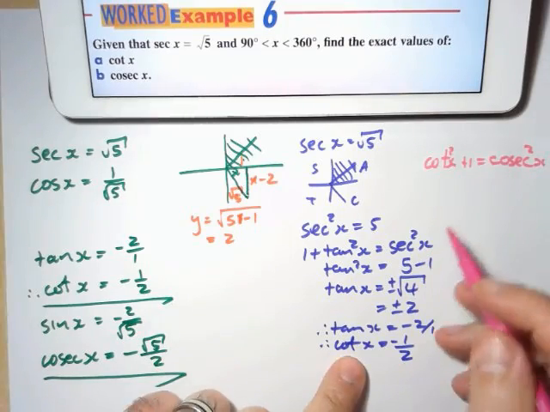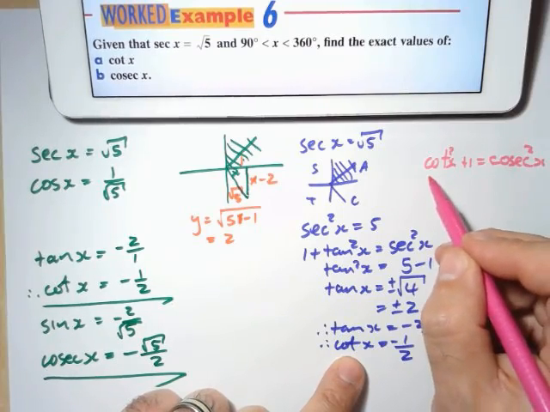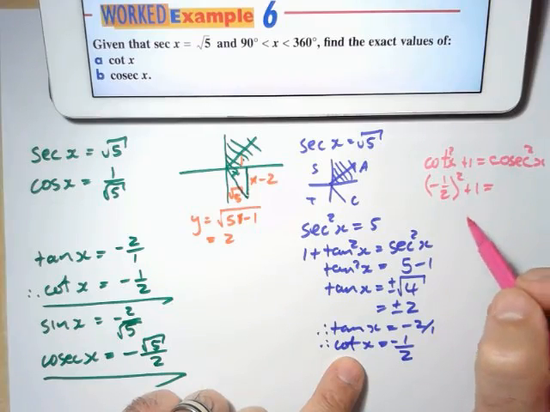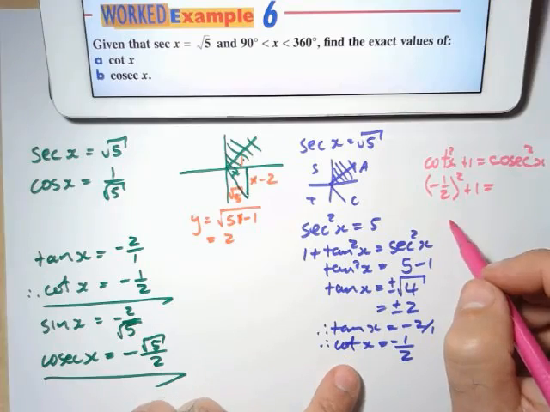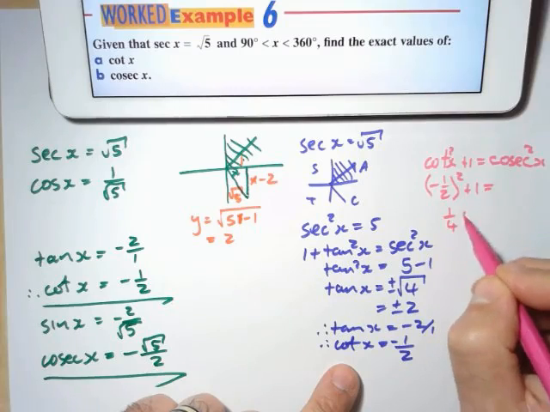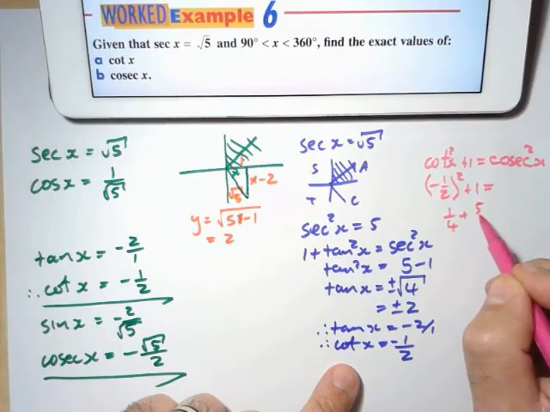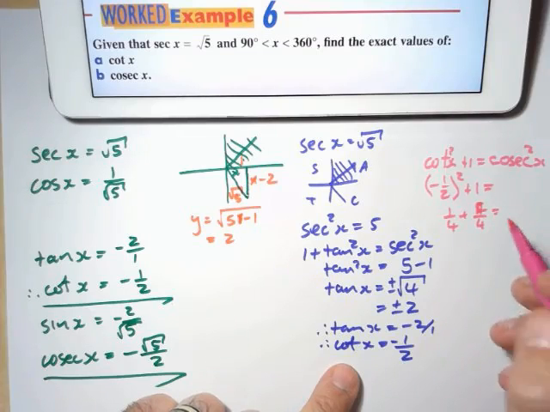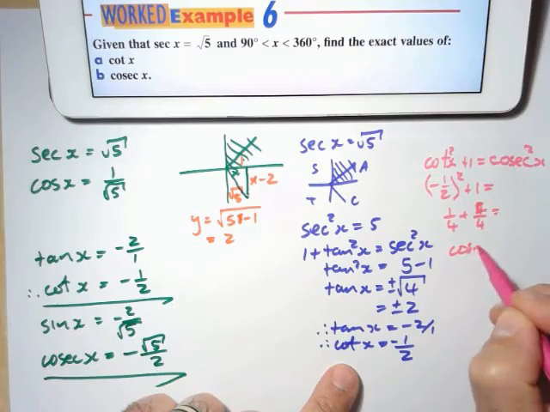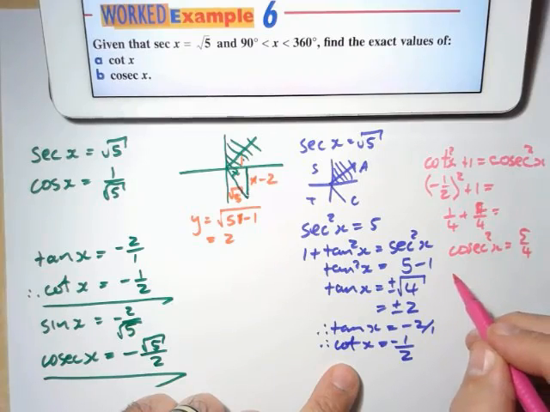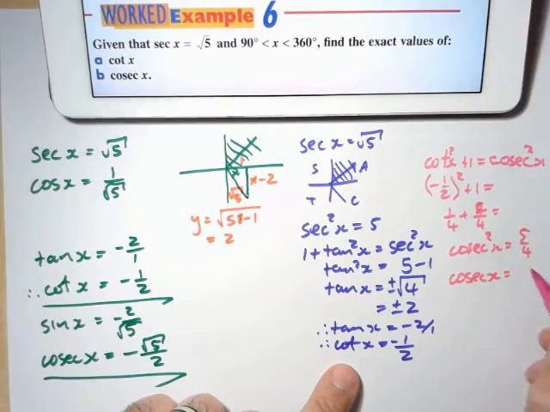Now we have cot squared, so negative 1/2 squared plus 1 will give me cosec squared. That will give us 1/4 plus 4/4, which equals the cosec squared of x. That means that cosec squared of x equals 5/4. Take square roots on both sides, therefore cosec x equals square root 5 over 2.